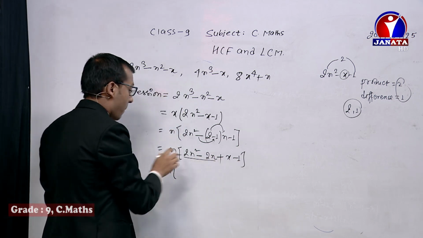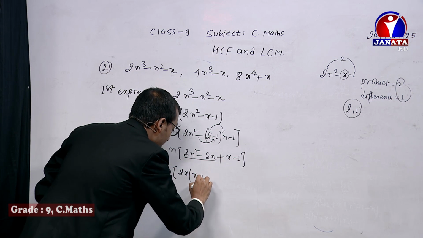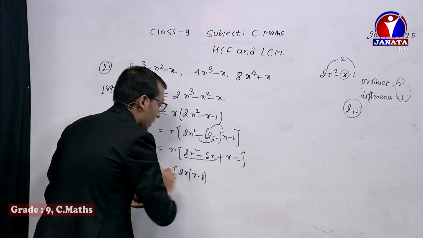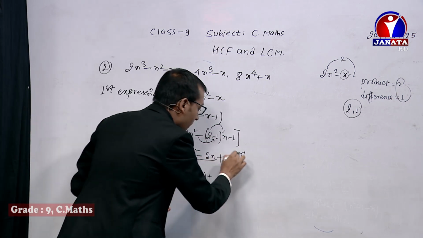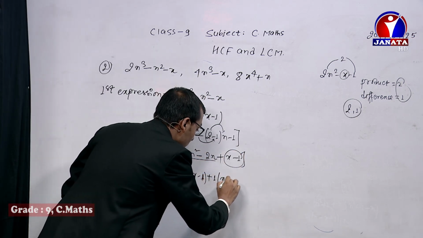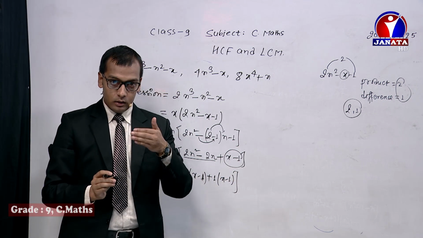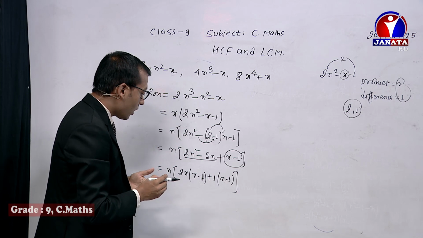Now we can take a pair of terms, the first two terms and the next two terms, for factorization. Let's take common from 2x square and 2x. 2x is common, x minus 1, plus what is common from these two terms? There is no common factor, so 1 is always common, x minus 1. Again, let's see what is the common factor.